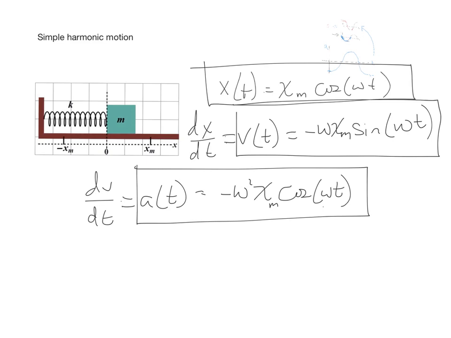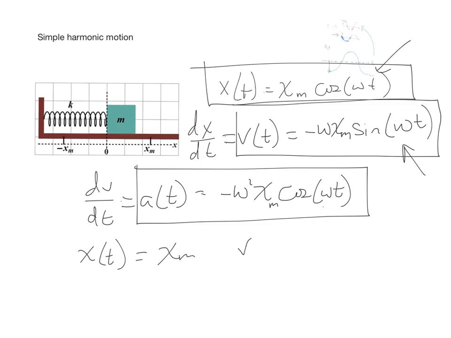If we want to figure out what the maxes are, we have to figure out when these functions equal 1. And when they do equal 1, we can see that the x at whatever time gives its maximum is just going to be equal to the maximum amplitude.